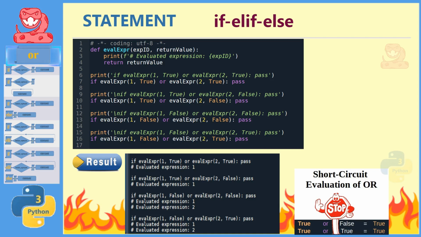Returns false if both are false. If the left side of an OR expression is true, the whole expression is true. So, placing the least expensive test to the left of Boolean expressions can potentially improve performance, as the right-hand side of the expression may not need to be evaluated.